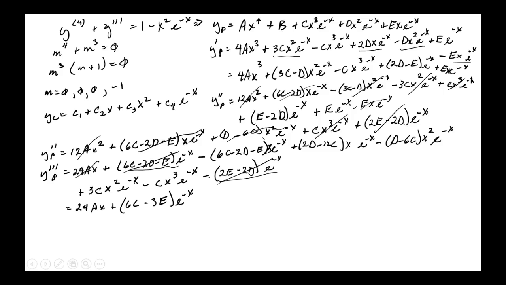Okay, now we need terms with x e to the minus x. Well, here's two right next to each other. So what I think I'm going to do is make a plus here.